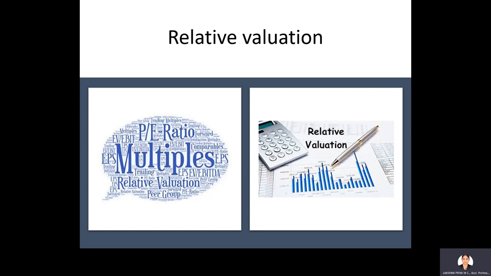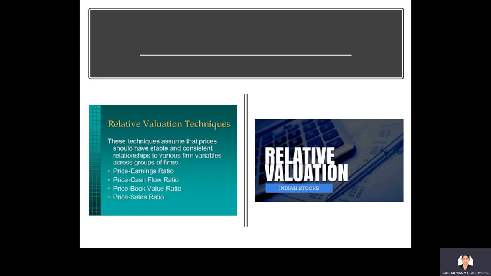And EV to book value multiple is defined as enterprise value to book value of assets, and from the fundamental point of view, EV to book value is given by (ROIC minus G) by (WACC minus G). So EV to sales multiple is defined as enterprise value to sales, and from the fundamental point of view, EV to sales is nothing but after-tax operating margin into (1 plus G) into (1 minus reinvestment rate) by (WACC minus G).